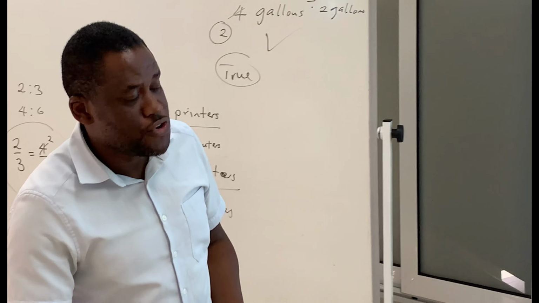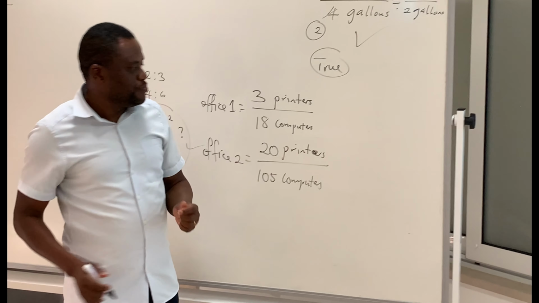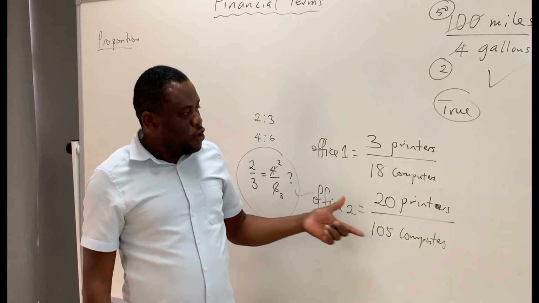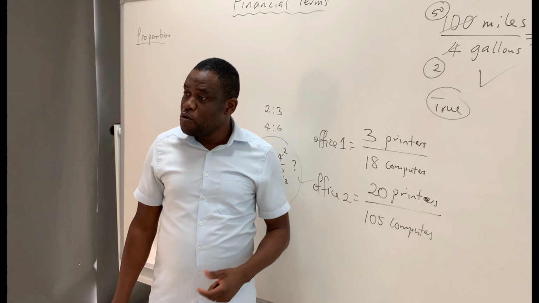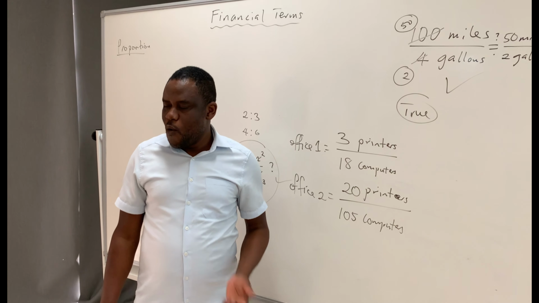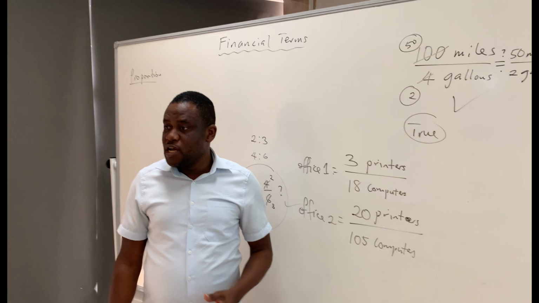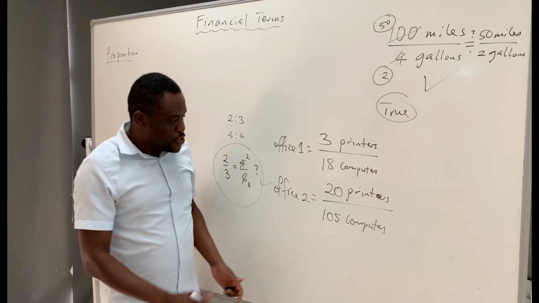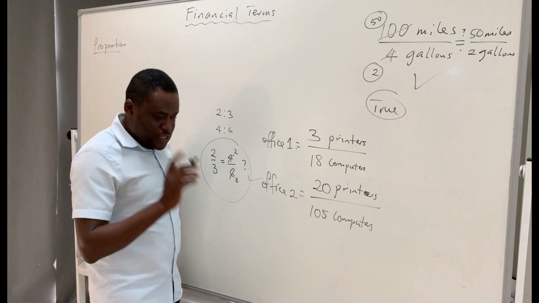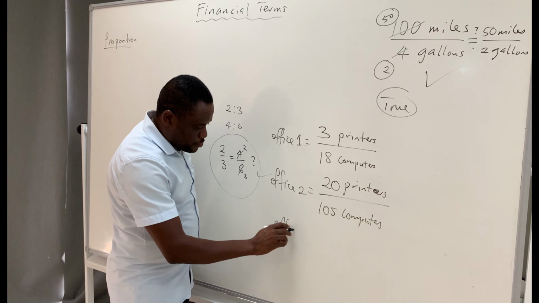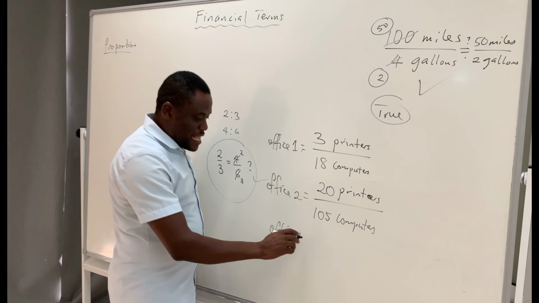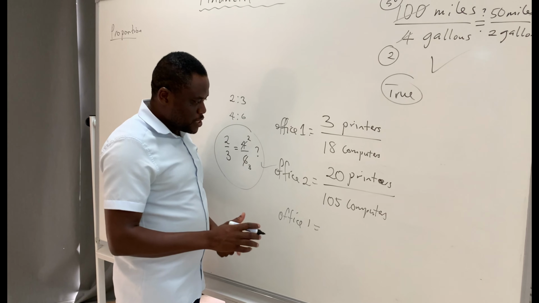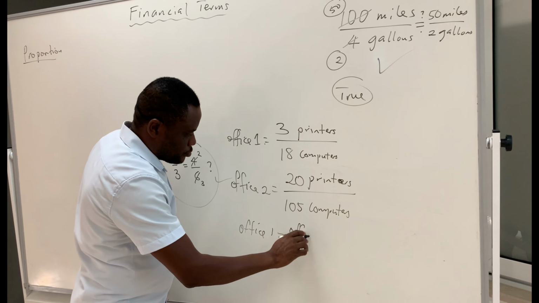In the 2 offices, so we have 2 ratios now. We have the first and we have the second. To compare these, we have to use the proportion method. What does the proportion method say? Proportion is an equation of ratio. So we want to check if office 1 has the same printer and computer ratio as office 2.